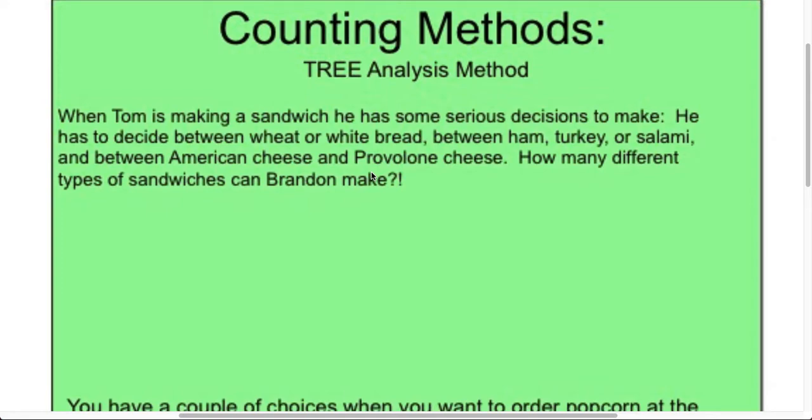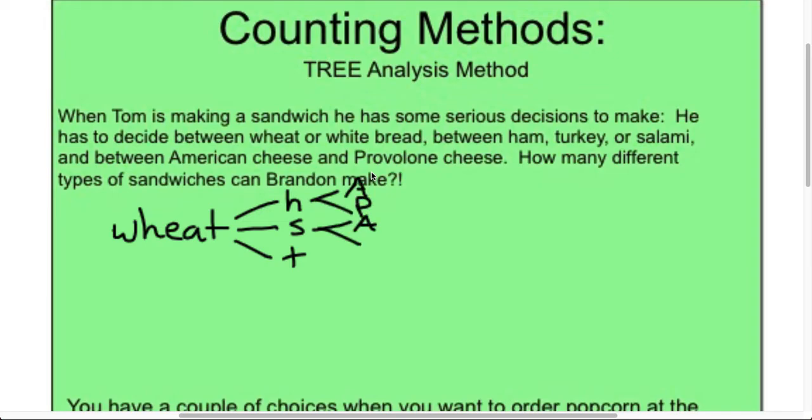Okay, and so what the tree method tells us is you basically make a tree diagram for every possibility. So for example, if he is going to start with wheat bread, and then he has to choose from ham, salami, or turkey. And then from there, if he does ham, he's got to choose from American or provolone.